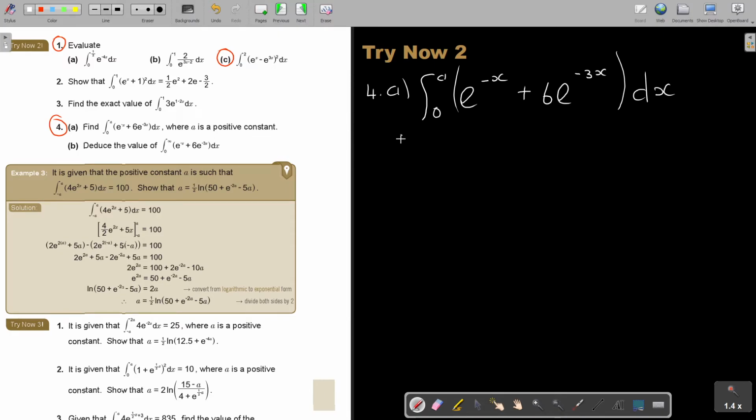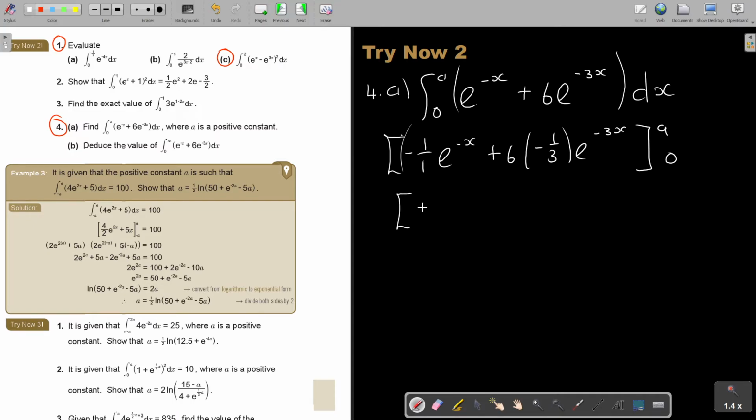Again I'm going to start by integrating. You could have just said negative 1, but e to the power negative x, I'm first just putting brackets, so negative a third, e to the power negative 3x, and it's going to be dx. No, I already integrated, sorry. So I can just go and say a and 0. I'm just making it a little bit more simple.